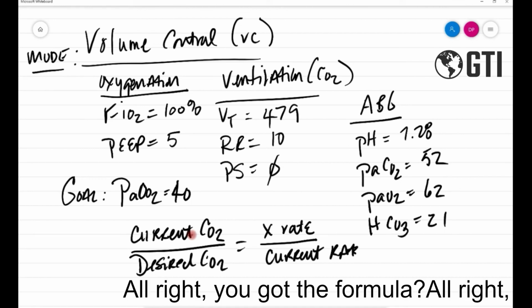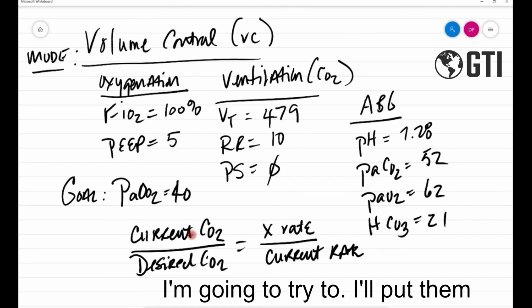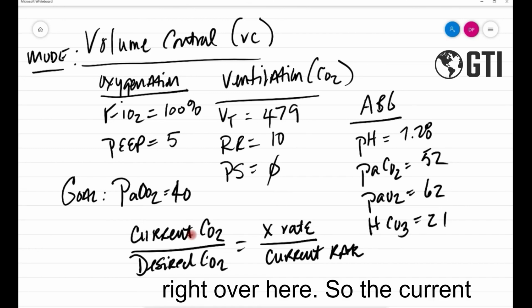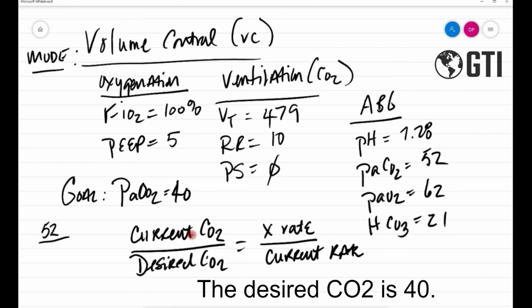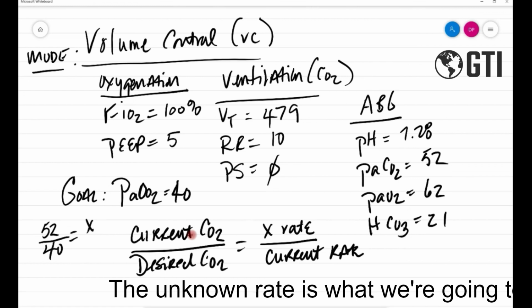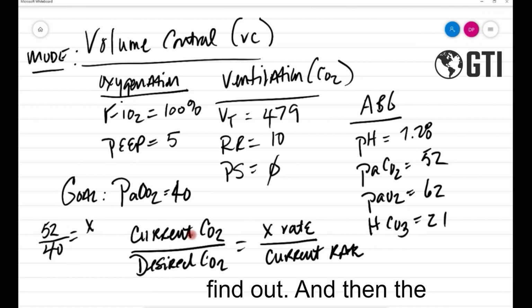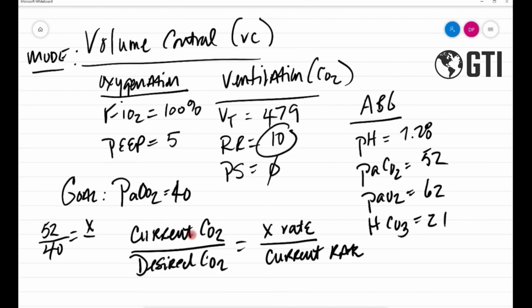All right, got the formula? Here we go. Let's plug these in. The current CO2 is 52. The desired CO2 is 40. The unknown rate is what we're going to find out. And the current rate is 10.